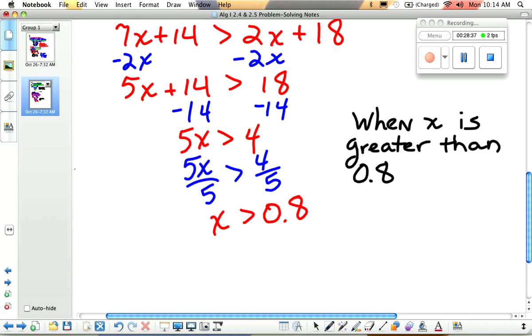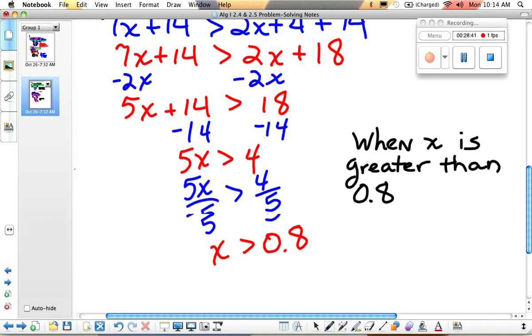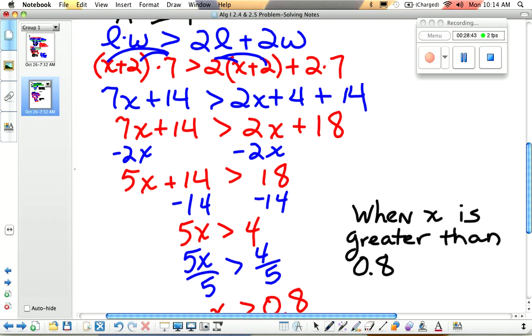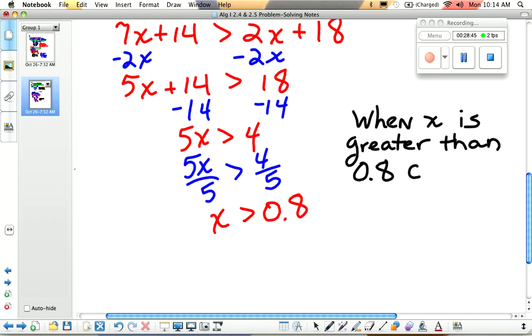What's this measured in? Did it ever say? Centimeters. When x is greater than 0 and 8/10 centimeters or 4/5 of a centimeter, the what?